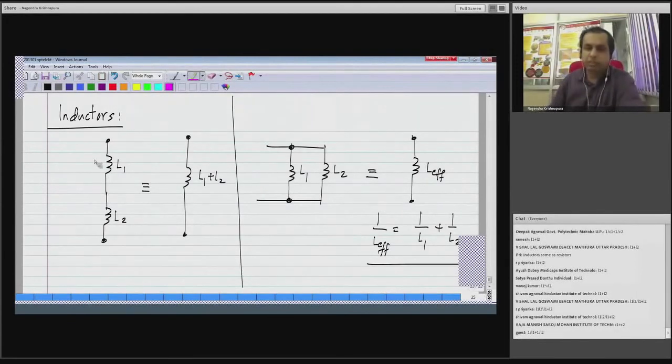So you can derive these things for yourself by applying a voltage or a current and finding the resulting current or voltage through the combination. When I say equivalent, there are these two terminals and these two terminals, and between them the electrical behavior is equivalent. That is, the IV relationship is equivalent. That is what is meant by equivalence.